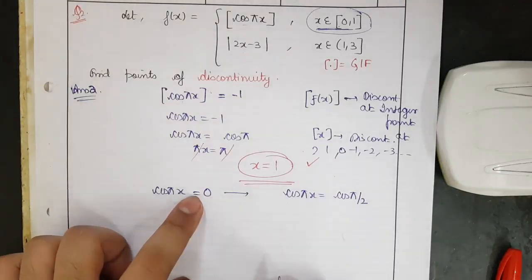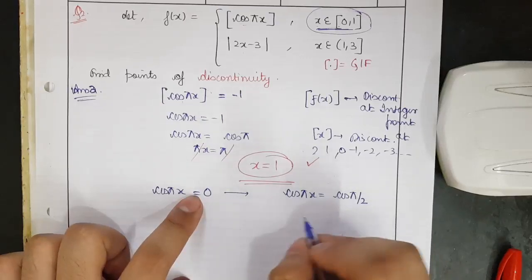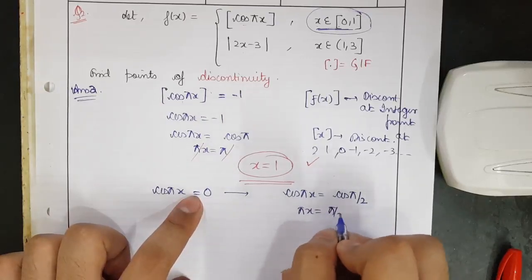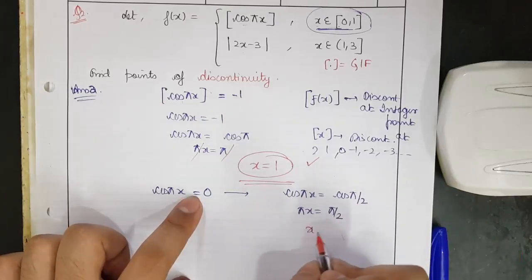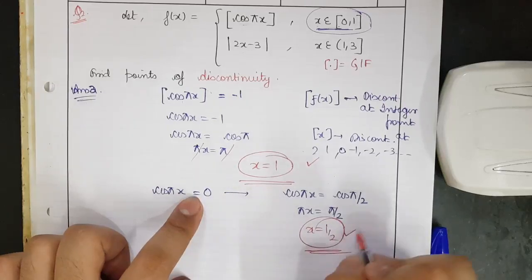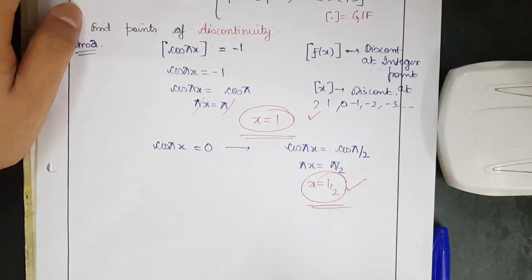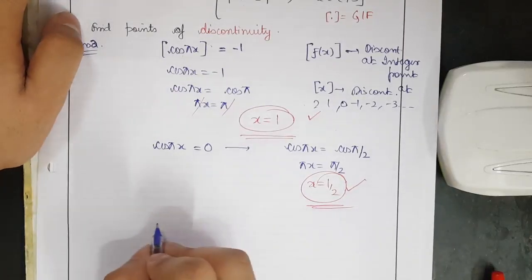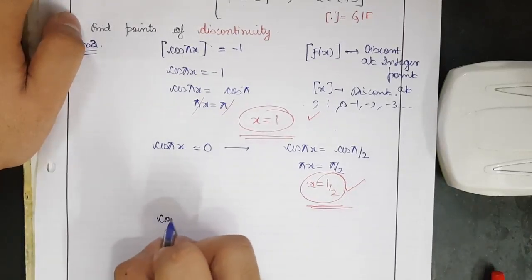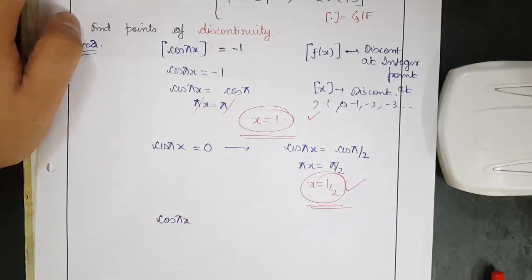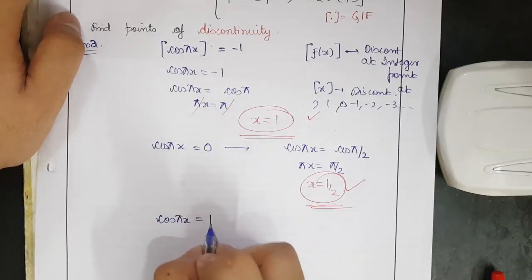You can take the general solution, but that won't be helpful for us. So pi x will be equal to pi by 2. It implies that x is equal to 1 by 2, which is once again in the domain given to us. Remember that whenever you're trying to solve any mathematical question in JEE Advanced, always focus on the domain. I've told you many times. Yesterday also we discussed a question on the group, so there also I told you.